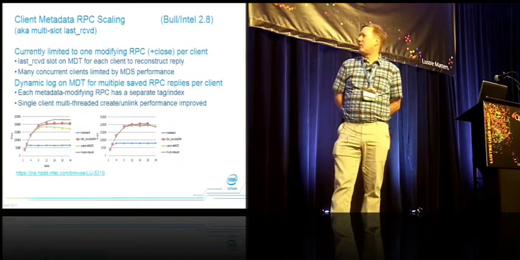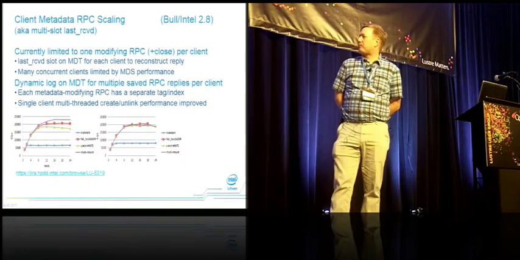So this is again becoming a performance bottleneck on one system, and so Bull and Intel are working together to improve the RPC scaling. I mean, it's not just a matter of flipping the switch and saying, now you can do lots more RPCs. There's recovery implications to get multiple transaction updates happening consistently on the server in case of server failure.